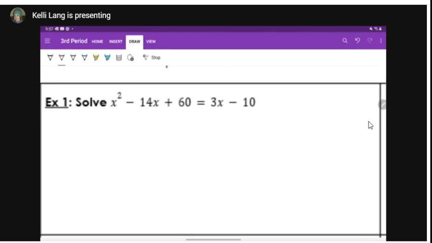So let's change this so that it does have a 0. In order to have a 0 over here on the right, we're going to need to find a way to cancel out or undo the 3x and the negative 10. All we need here is addition and subtraction. That's what we're going to use primarily to rearrange these. So let's undo the positive 3x by subtracting 3x from both sides.